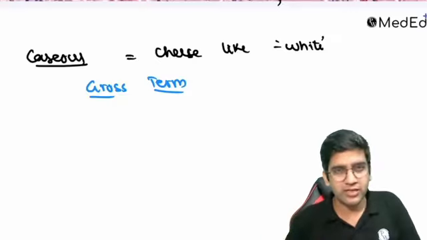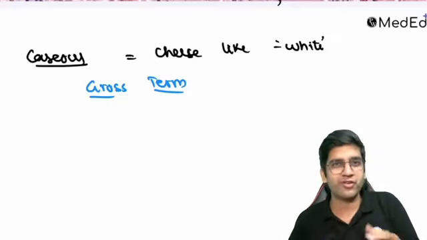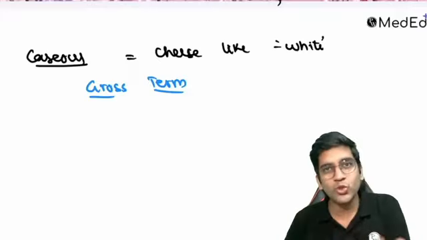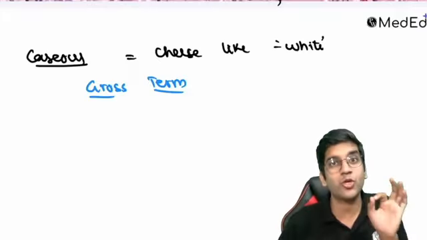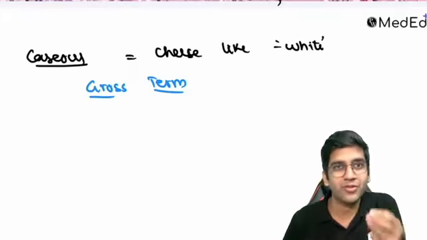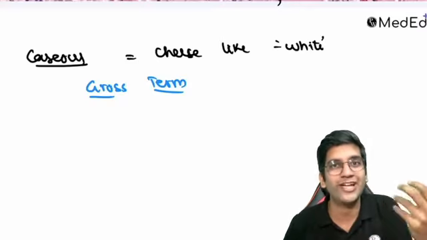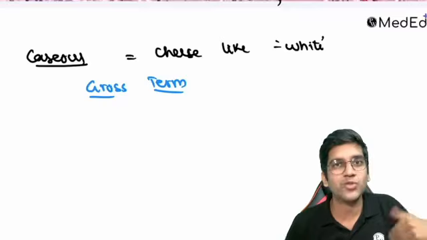Even in Robbins and multiple textbooks, you will read about caseating necrosis in microscopy, but in microscopy I don't have caseous necrosis. It's a gross term because it's cheese-like. Cheese and white color will be seen only in gross. Microscopy is always pink.